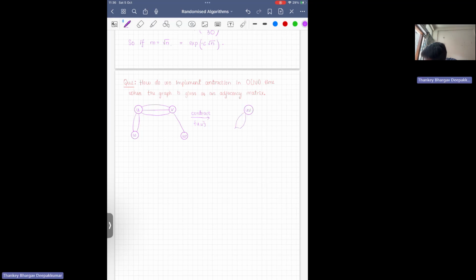All the edges between U and V disappear because self loops are not allowed. And these two edges become these two edges between UV and W instead of U and W. And this edge becomes an edge between UV and W prime. So this is the operation which we are interested in implementing.